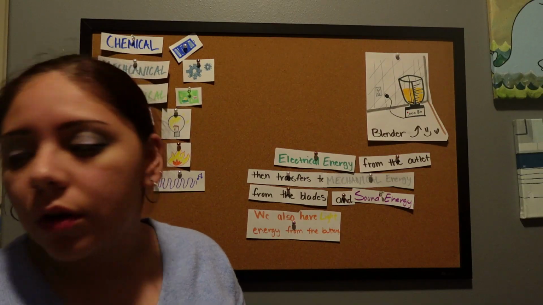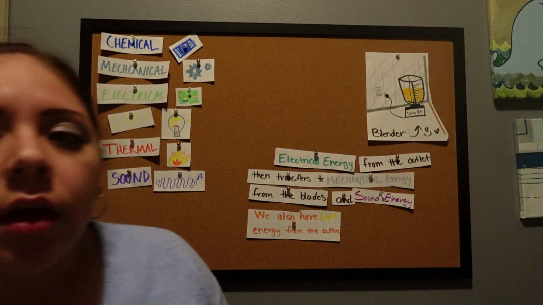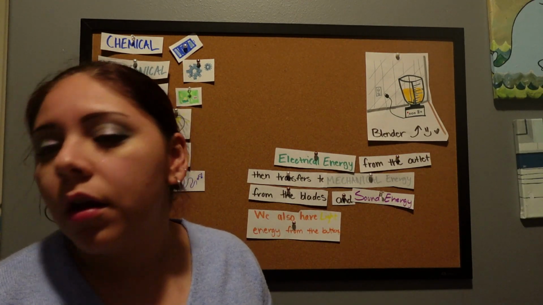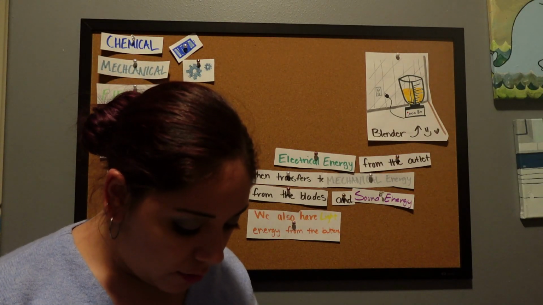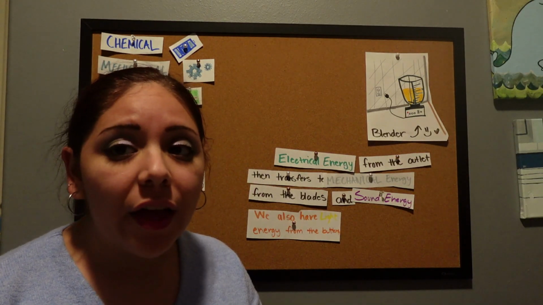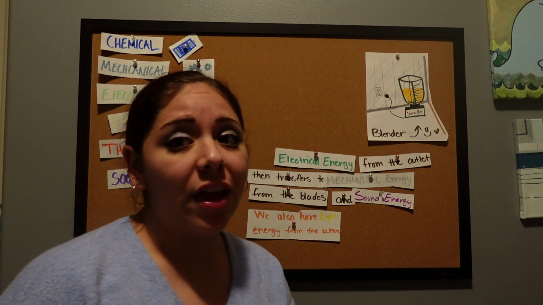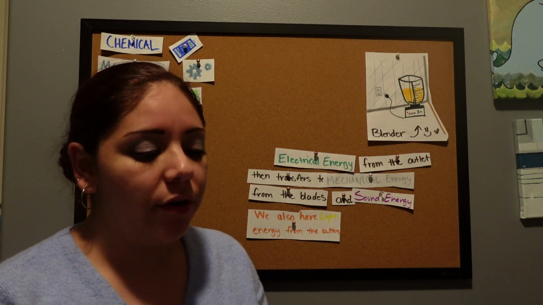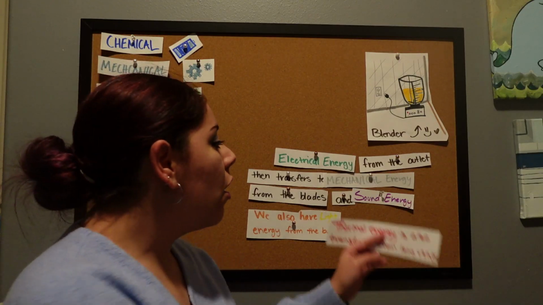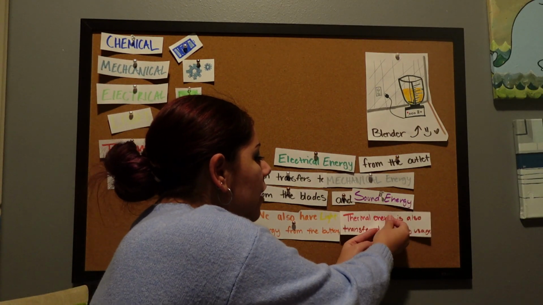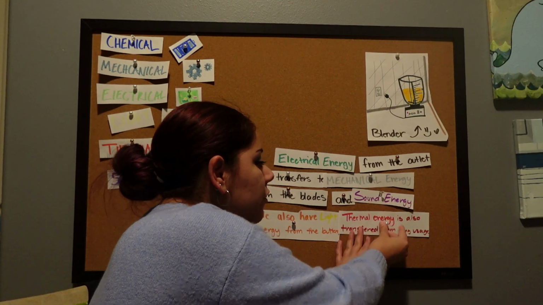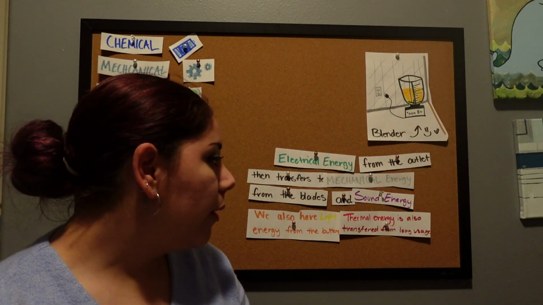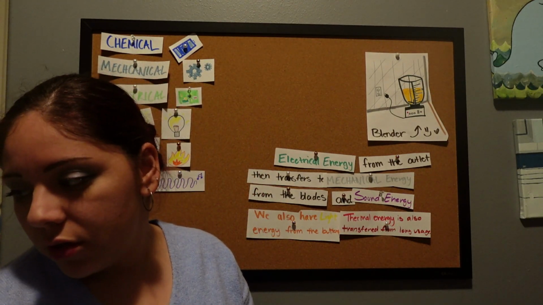We also have, don't forget, if you also have your machine working for a very long time, eventually all of that temperature is going to rise and you're going to have thermal energy coming from the long usage.